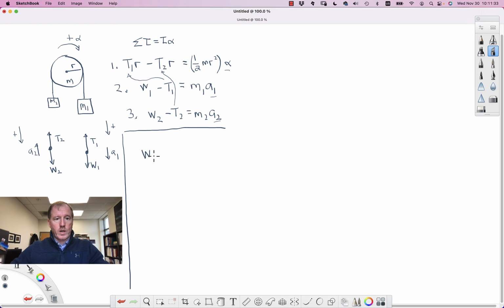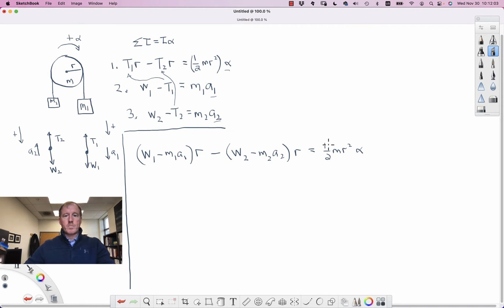So weight 1 minus m1a1, that's tension 1, times r, minus, again, I'm plugging all the stuff into equation 1 right away, tension 2, which is weight 2 minus m2a2, times r, and that's going to be equal to 1/2 mr squared times alpha. Okay, so this is plugging equations 2 and 3 into equation 1.